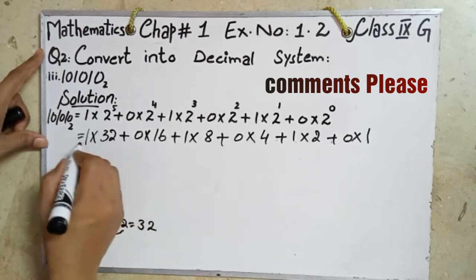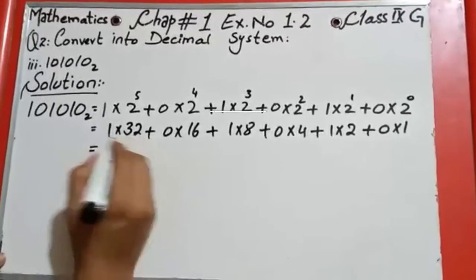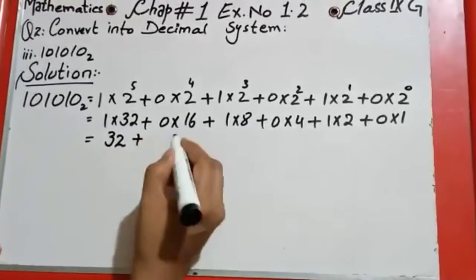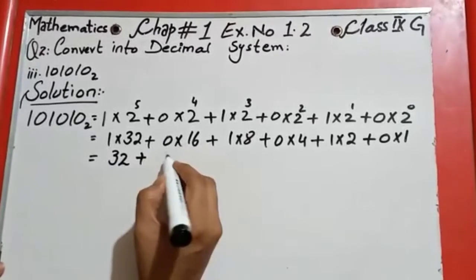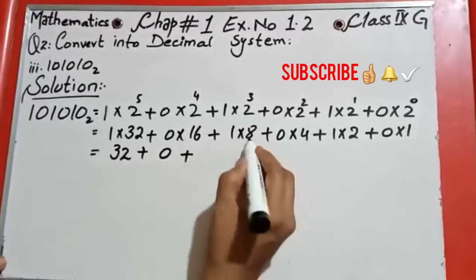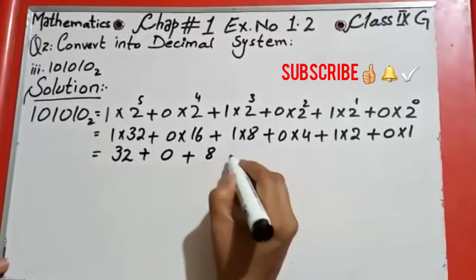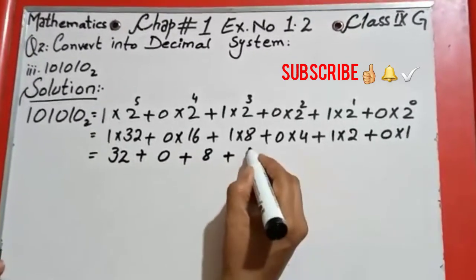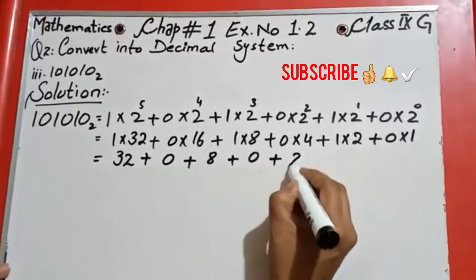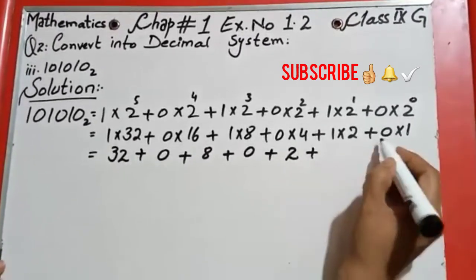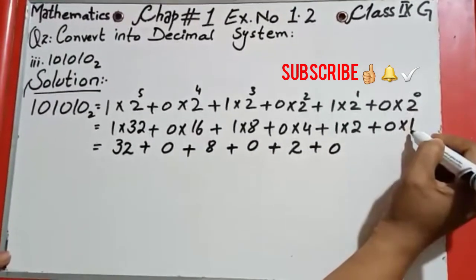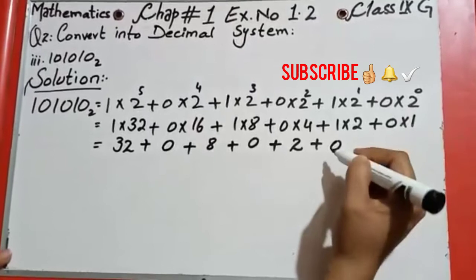Multiply them. 32 ones are 32, plus 0 16s are 0, plus 8 ones are 8, plus 0 fours are 0, plus 2 ones are 2, plus 0 ones are 0. Clear? Power 0 considered 1.